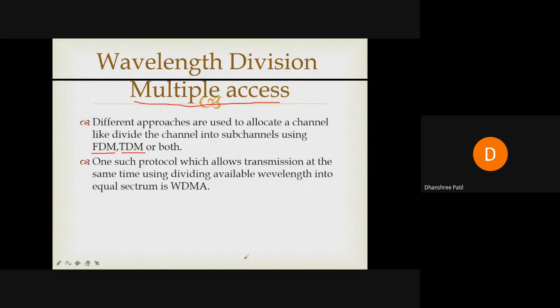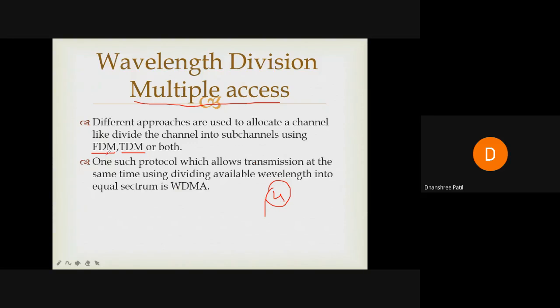So FDM and TDM are the static channel allocation problem. Suppose there are four stations, and whatever wavelength is available, that total wavelength is divided equally among these four stations.